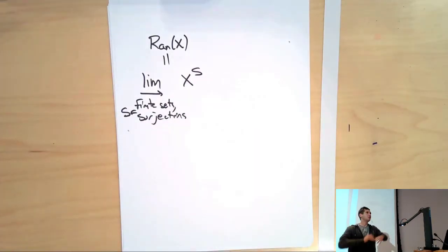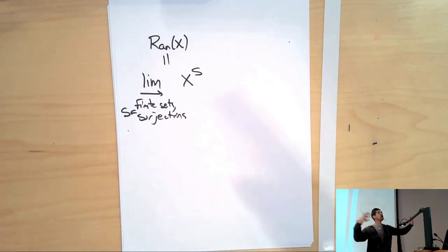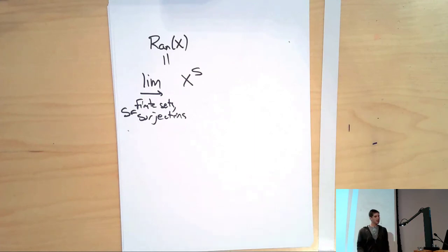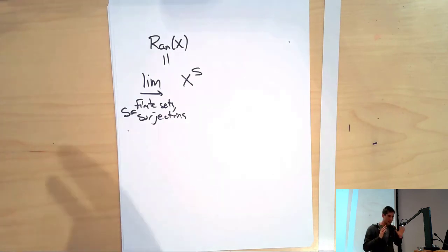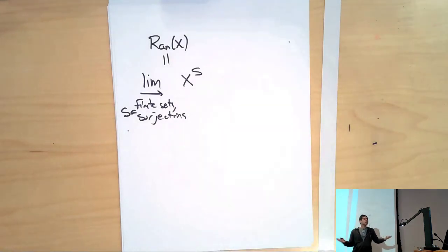For any finite set S, you can take X^S, which is just a product of S copies of X. It's an honest algebraic variety, and it's a contravariant functor of S. So any map of finite sets gives you a map from X^S to X^T, and if your map is surjective, that's even a closed embedding. So you should think of the Ran space as the direct limit of all these powers of X under all these closed embeddings. This category of finite sets and surjections is not a filtered category. So the Ran space of X is not really an ind-scheme in the sense of being the direct limit of a sequence of algebraic varieties, but it's pretty close.